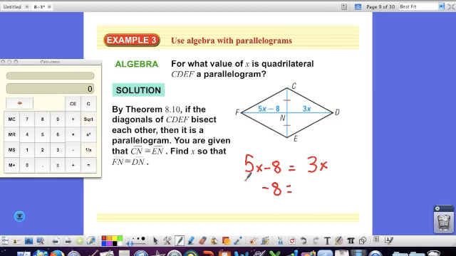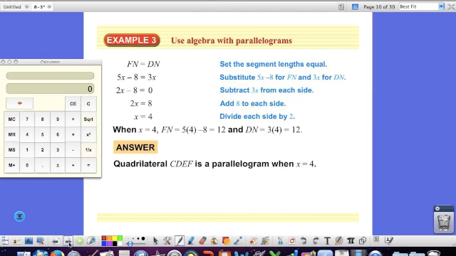What I'm doing is subtracting 5x from both sides. I get negative 2x equals negative 8, divided by negative 2 is 4. So when x is 4, we can check that. 4 times 5 is 20, minus 8 is 12. 3 times 4 is 12. Then this shape is a parallelogram.